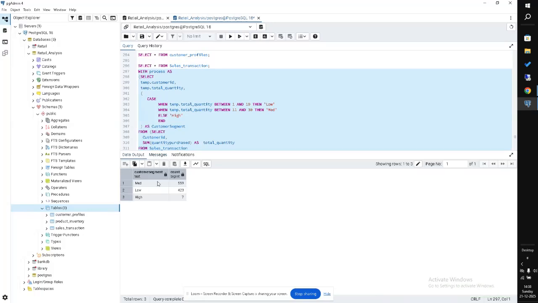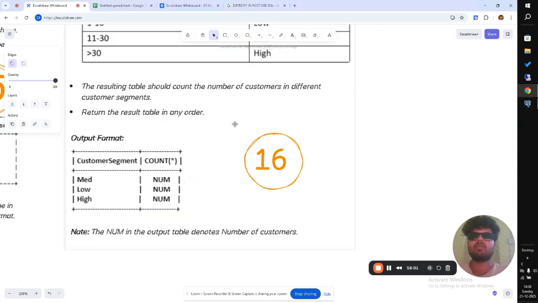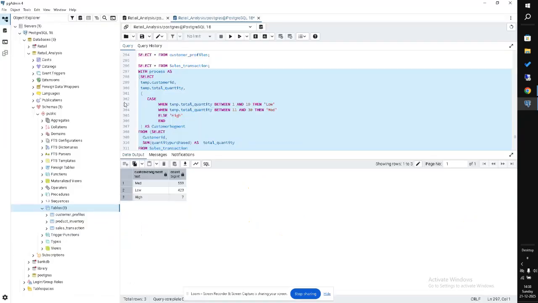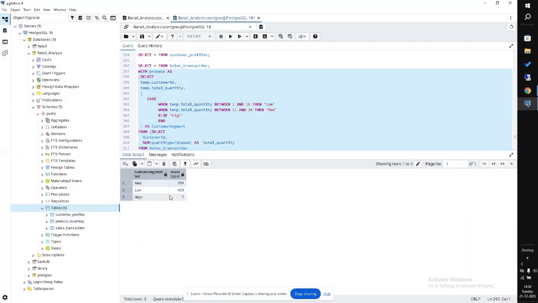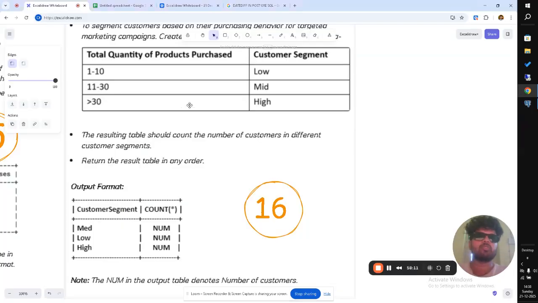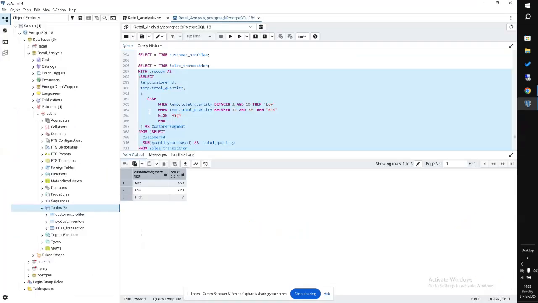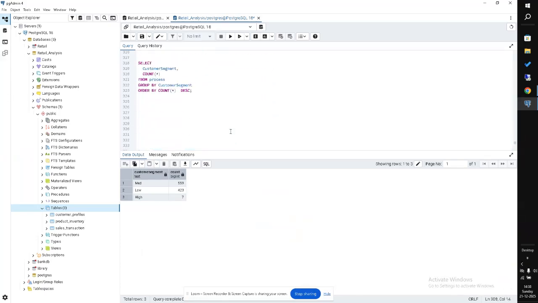So most of the customers fall in the medium segment, having purchased quantity between 11 and 13, this mid category. The second highest is the low category, most of the customers in that segment purchase 1 to 10 products. And last is high.